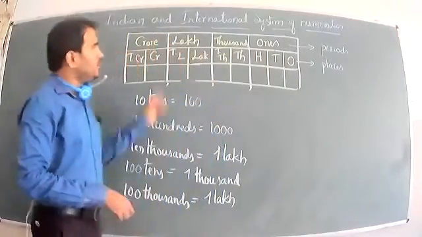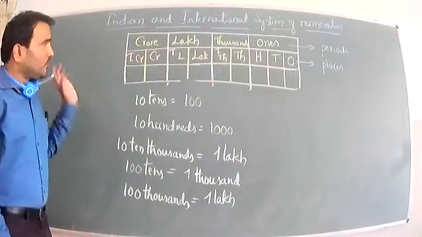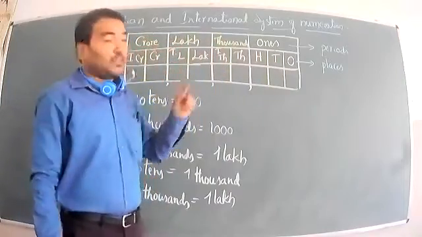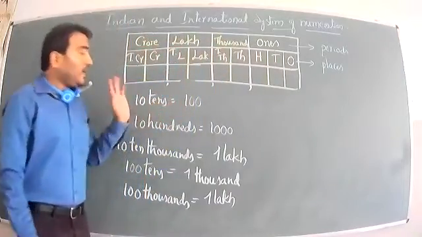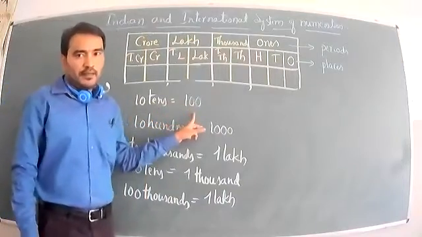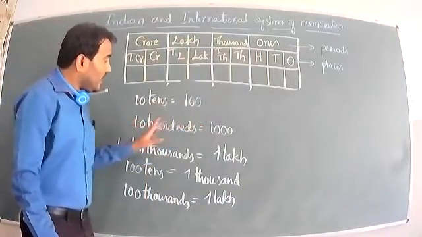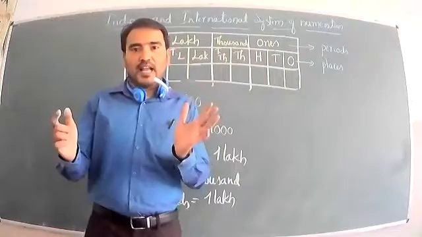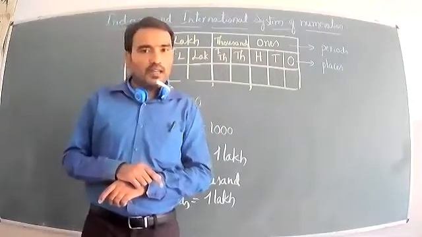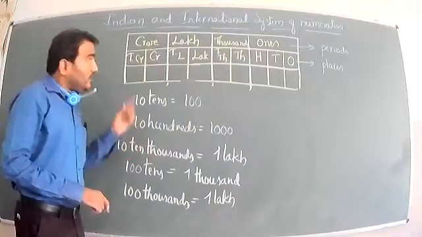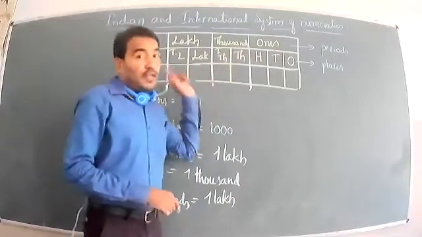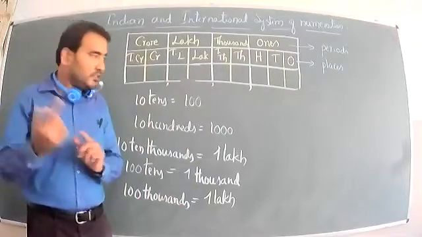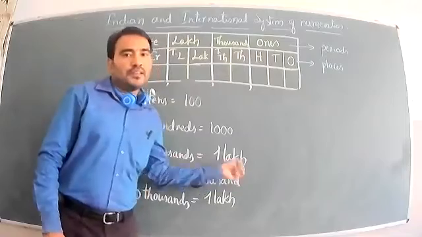Okay, so now we can understand the Indian system of numeration. Look at that. 10 ones means 10. I already told the concept. Now 10 tens means 100. 10 hundreds means 1000. 10 ten thousands is considered as 1 lakh.